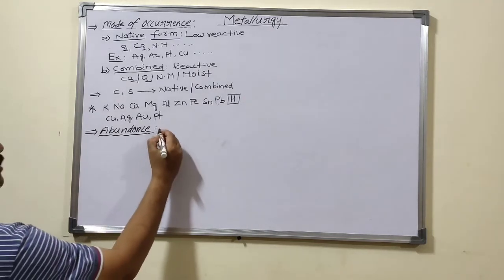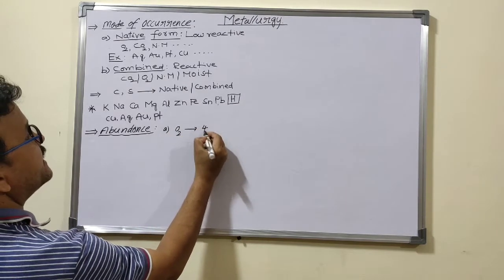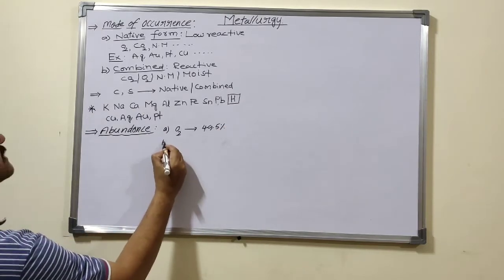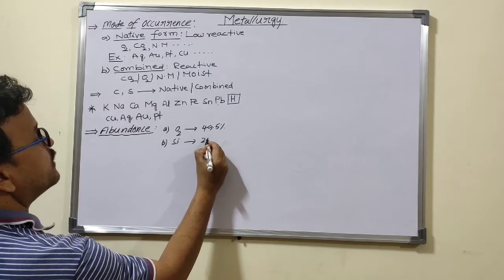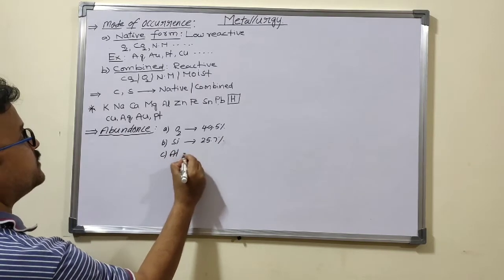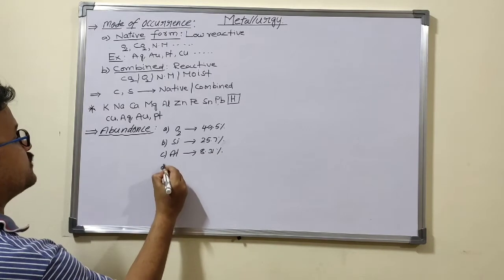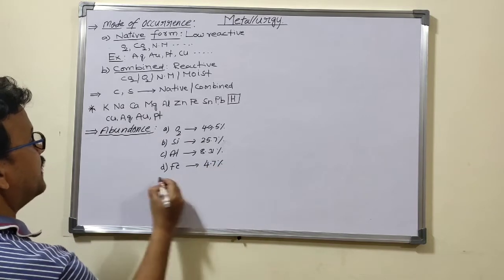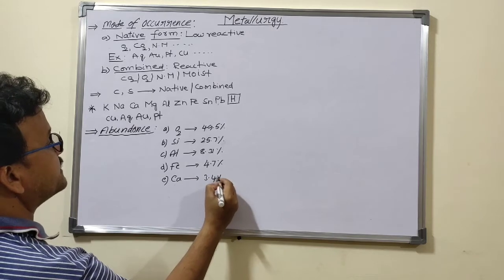For example, oxygen is 49.5%. Next, silicon is nearly 25.7%. Next, aluminium is nearly 8.31%. Next, iron, nearly 4.7%, and next calcium, nearly 3.4%.